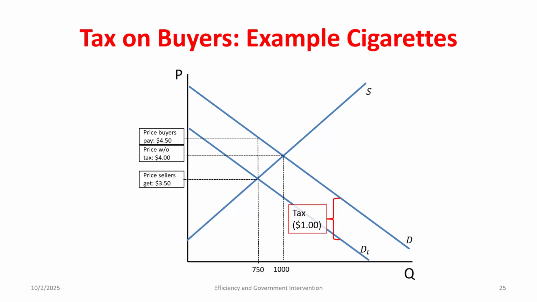Just like the difference between the supply curve and the supply curve with the tax was the value of the tax, the difference between our demand curve and the demand curve with the tax will be the value of the tax. So if I take the new price and add the tax, this will be the new price that consumers or buyers have to pay. So notice what's true: the price that the buyer pays is greater than the price the seller keeps. That's exactly what we had in our previous model. From here on out, everything works the same.